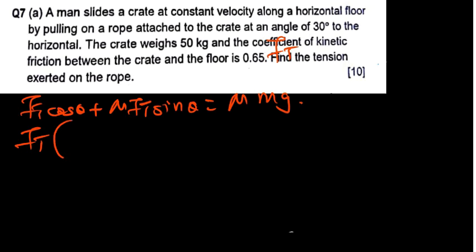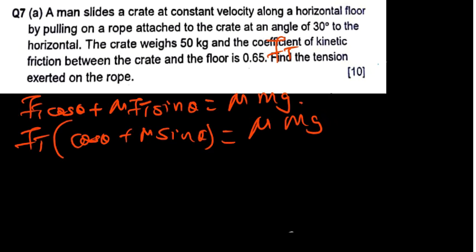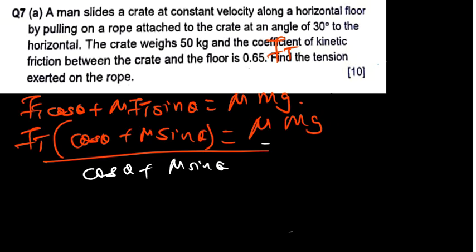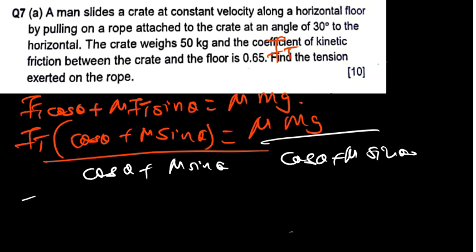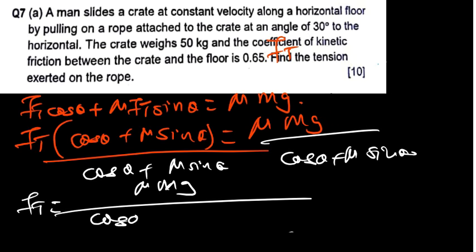So I'm going to have Ft times open brackets cos theta plus mu sin theta, equal to mu times mg. We can divide both sides by cos theta plus mu sin theta. So our formula for Ft is mu mg, everything divided by cos theta plus mu sin theta.